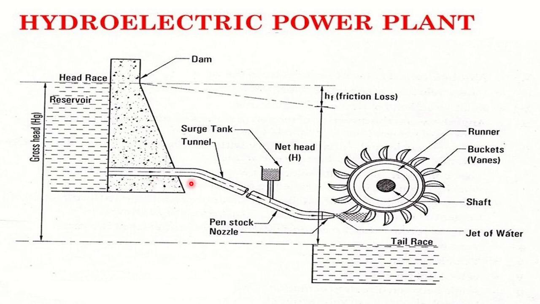So after all the losses taking place, the exact head of water which is ready to fall on the turbine is called net head. I'm repeating, net head is nothing but the effective head, or the exact head, which is falling on the turbine after all the types of losses happening.